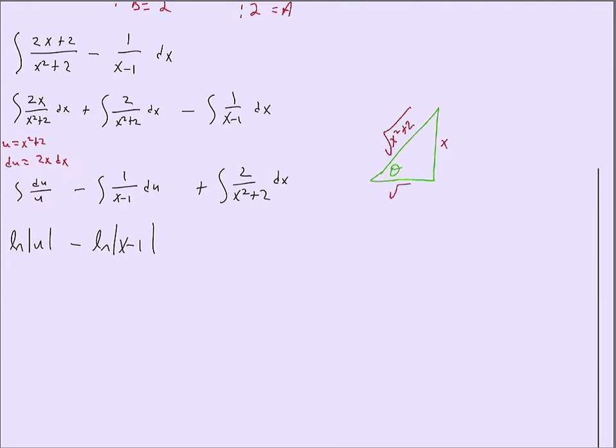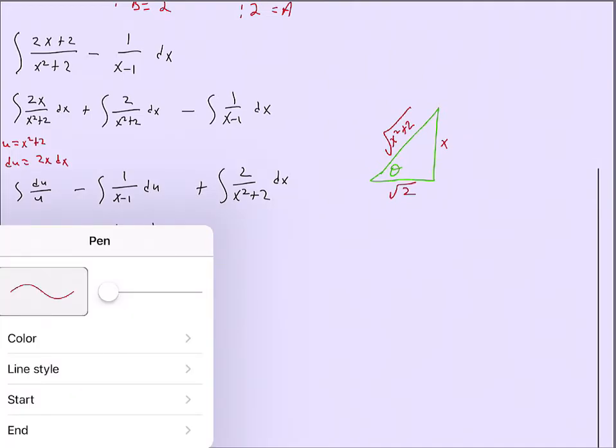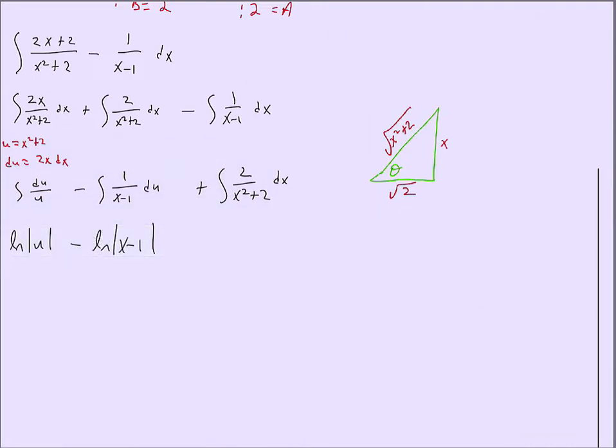It's really not 2, it's really a square root of 2, because 2 is not a perfect square. And we can use that to identify, we can say that the sine of theta is equal to x over the square root of 2, so I'll put the square root of 2 over there. So dx is equal to root 2 times the cosine of theta d theta.